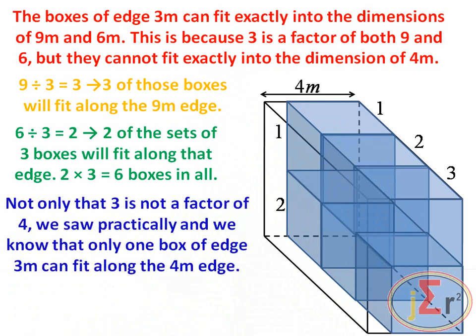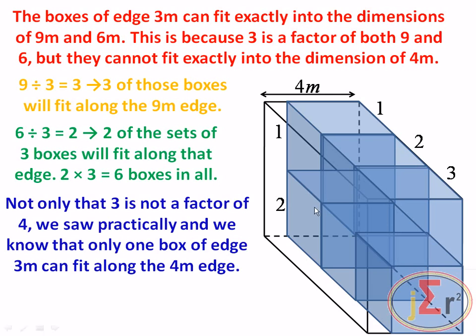Not only is 3 not a factor of 4, we saw practically and we know that only one box of edge 3 meters can fit along the 4 meter edge. So we are saying not only because 3 is not a factor of 4, meaning that if we take a mathematical approach, it is obvious that it will not work, but also that if we attempt to fit the boxes, they will not actually fit.